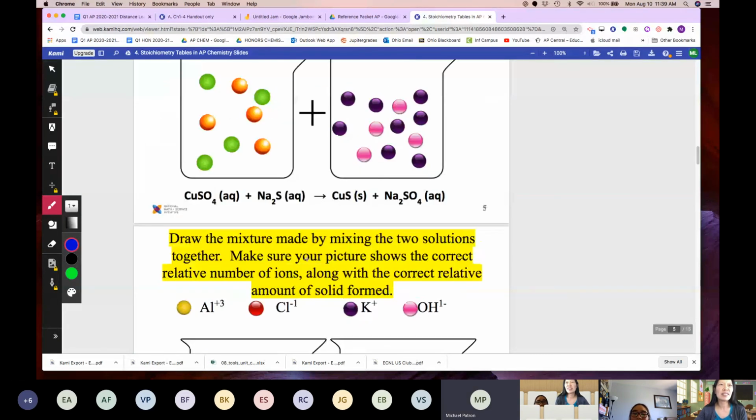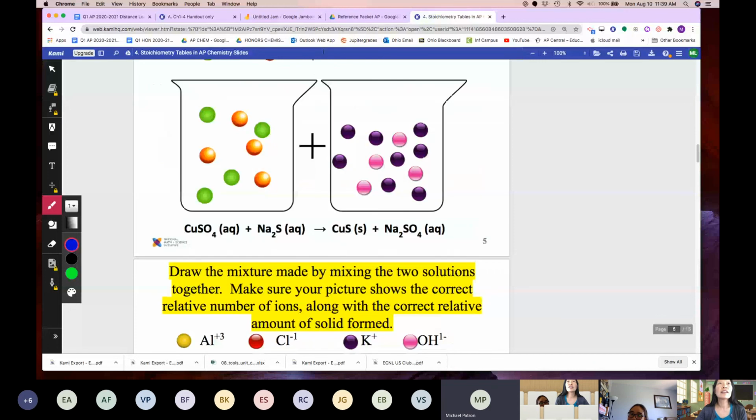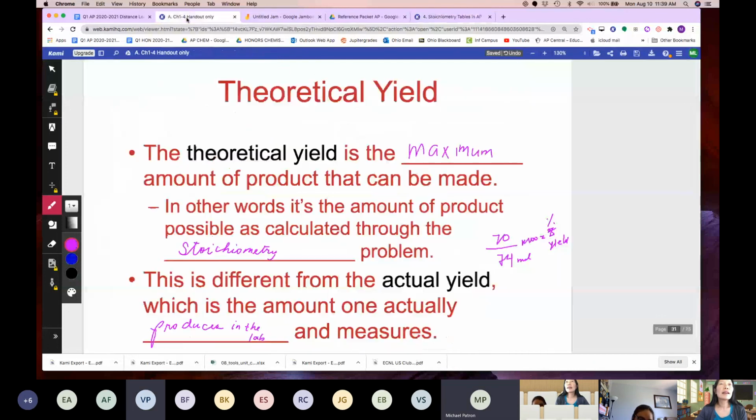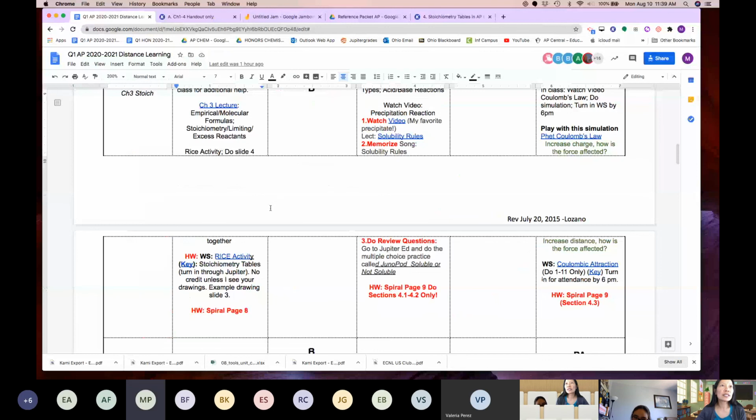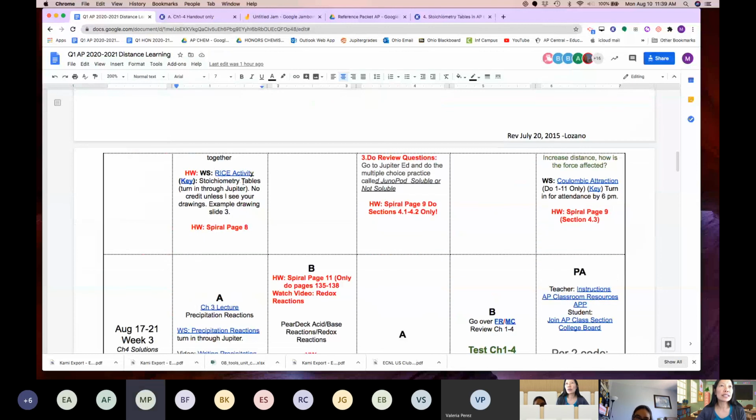It's easier. Is this going in our notebooks? No, you're just going to take a picture of it, and I don't know where you're going to put it. It doesn't matter. I just want you to turn it into Jupyter. It says right here, homework, rice activity, turn in through Jupyter.